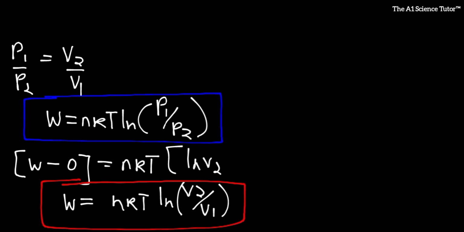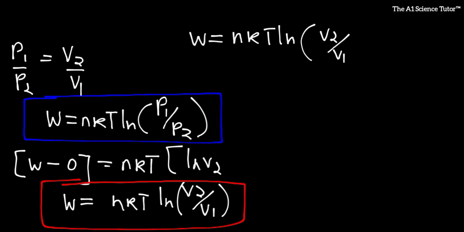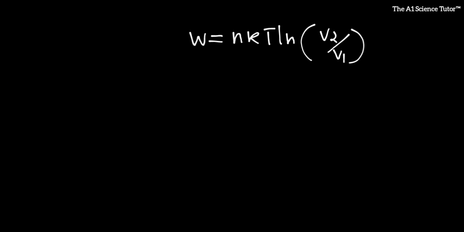Now, if you had W is equal to nRT ln, I'm just going to use V2 over V1. That is basically the same thing as this one, so I'm just going to clear these out.